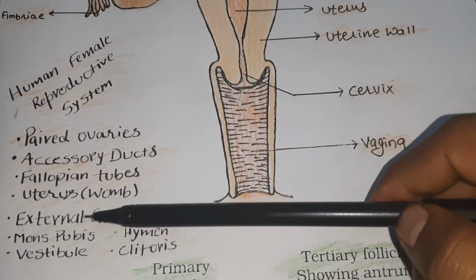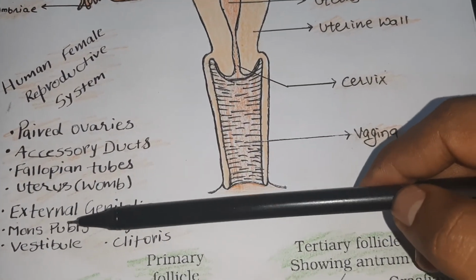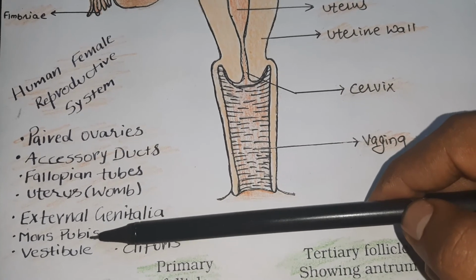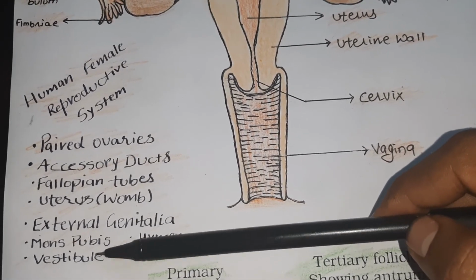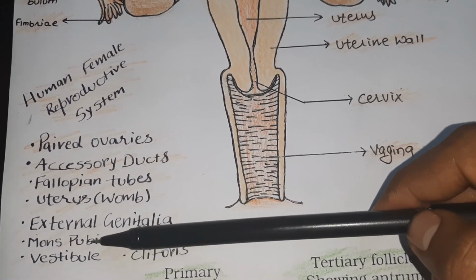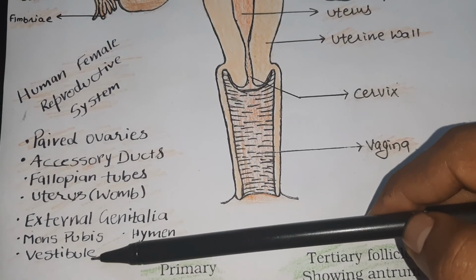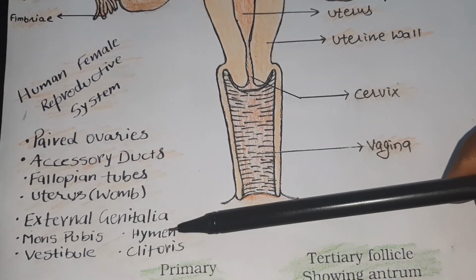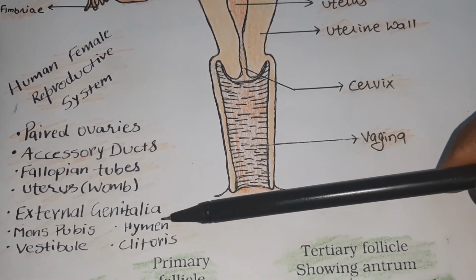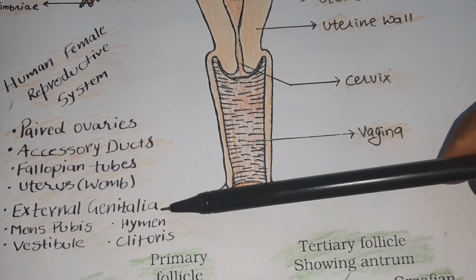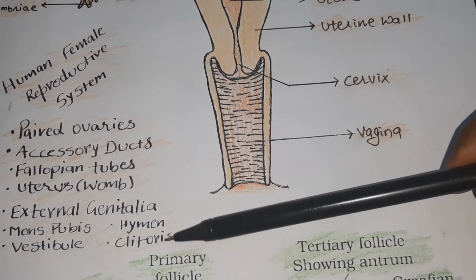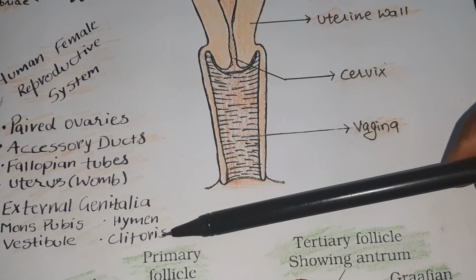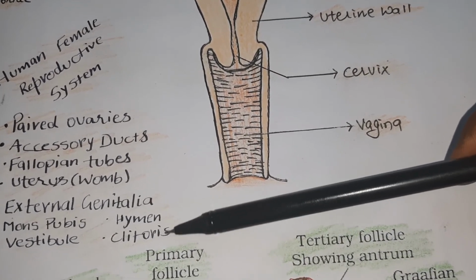And there is an external genitalia which has four parts: the above cushiony portion, mons pubis, then vestibule, which consists of folds like labia majora, labia minora. Then there is a thin flap which we call hymen, which covers the vaginal opening, and a very sensitive area just above the urethral opening which we call clitoris.